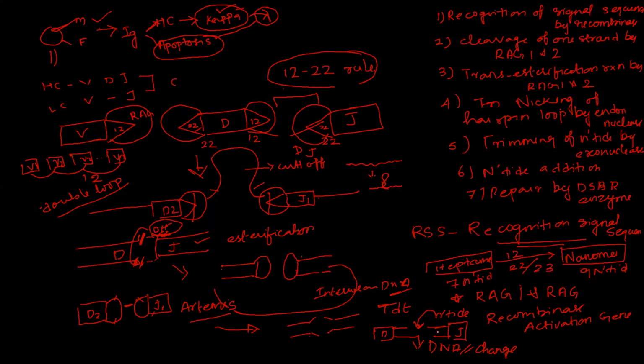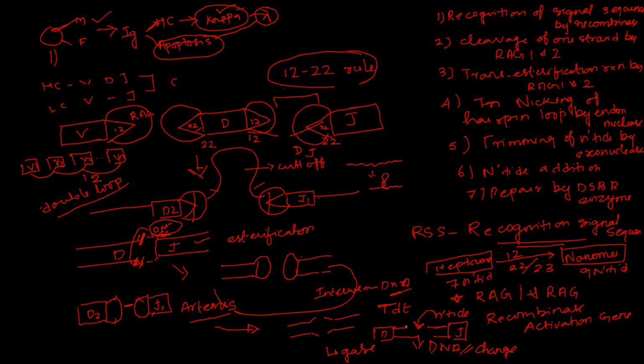Now what will happen, another enzyme after TDT is going to come, the ligase. Now the nucleotide has been added, which are also known as P and N nucleotides, and there will be a diversity created that is called the junctional diversity. Now another enzyme called ligase is going to come.